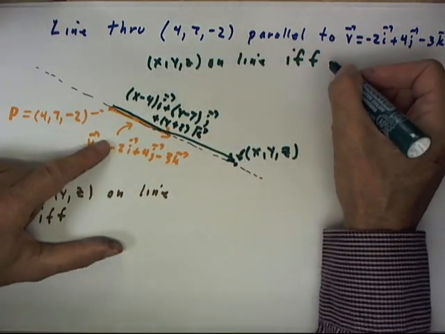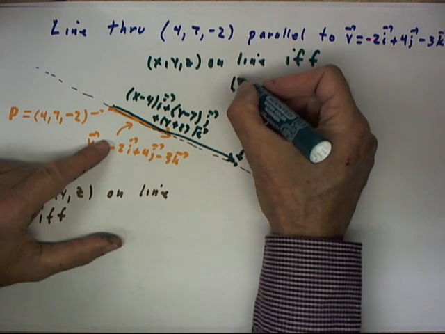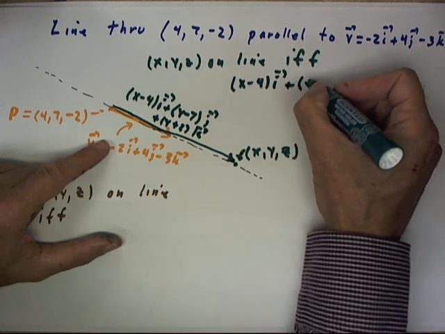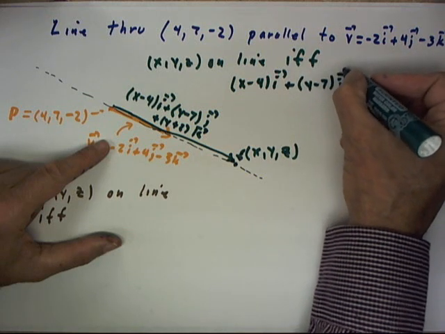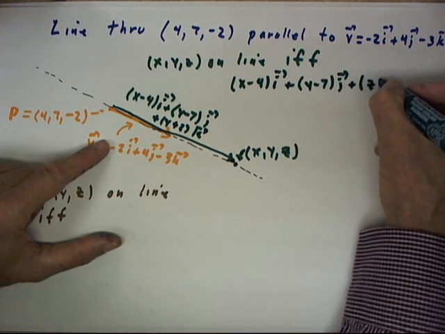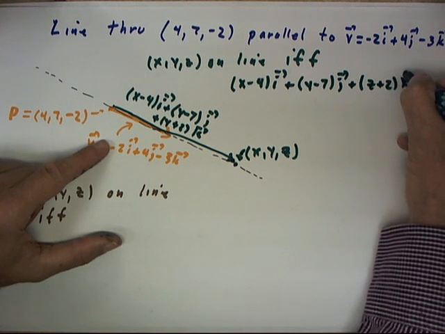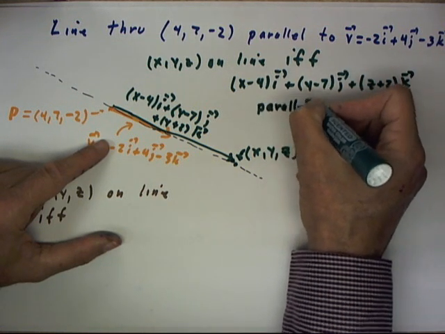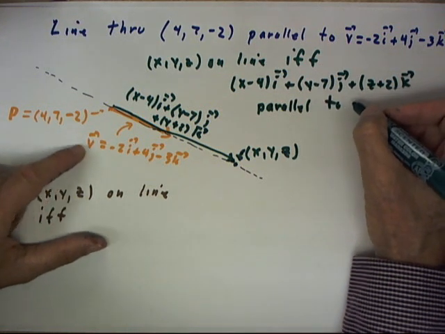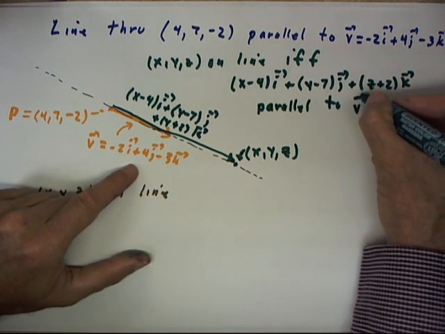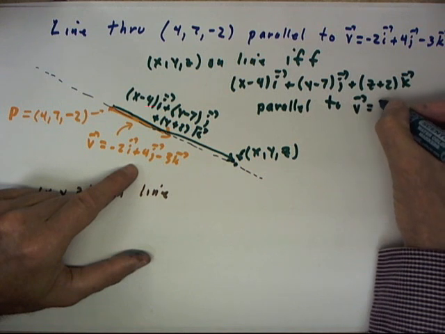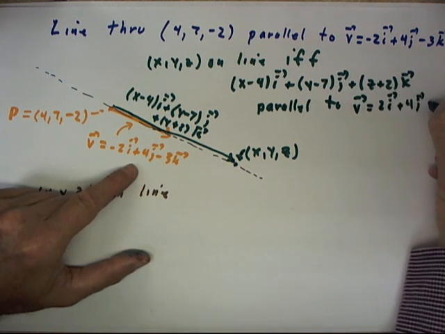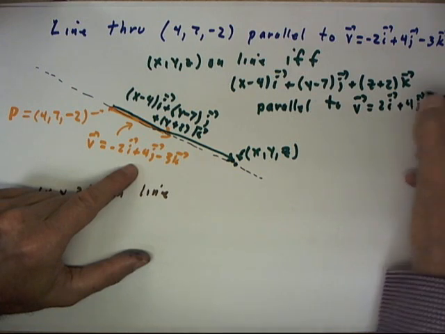We can say x, y, z is on the line then if and only if the vector x minus 4i plus y minus 7j plus z plus 2k is parallel to this vector v, and that's 2i plus 4j minus 3k.